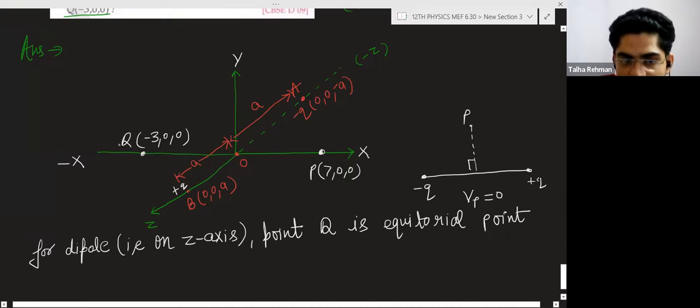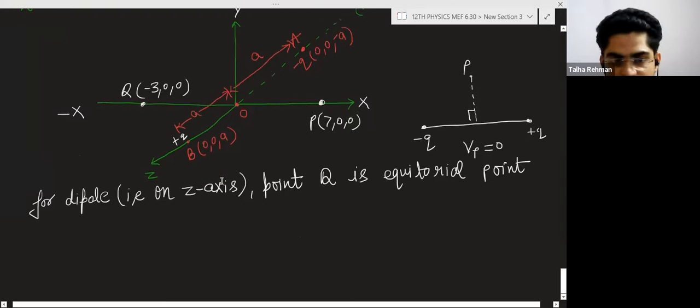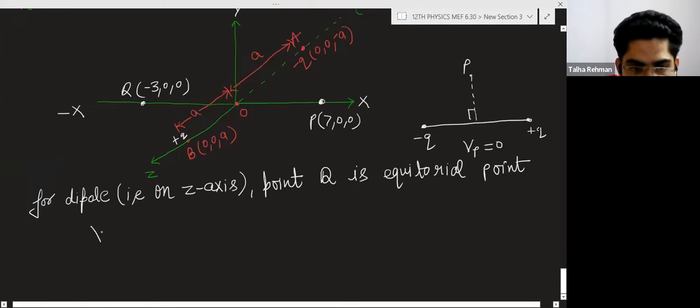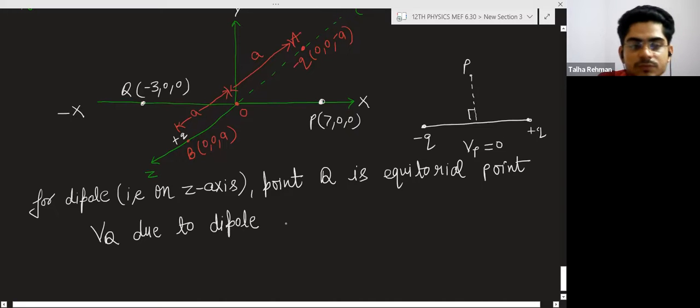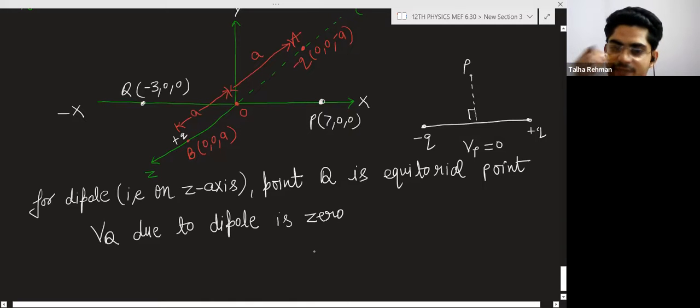This point Q is equatorial to this dipole, which means the potential at point Q due to this dipole is 0. Why is this 0? Because we have discussed that.